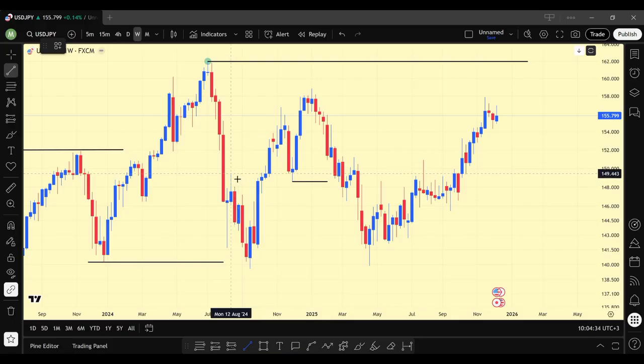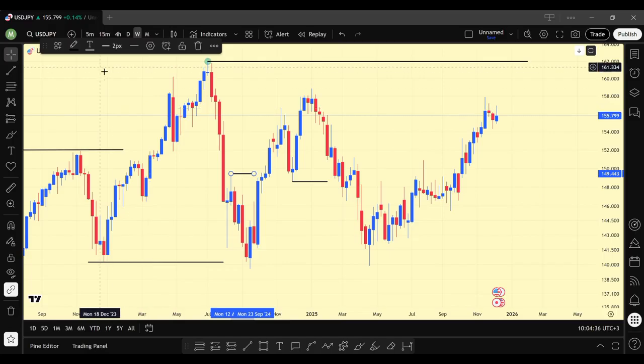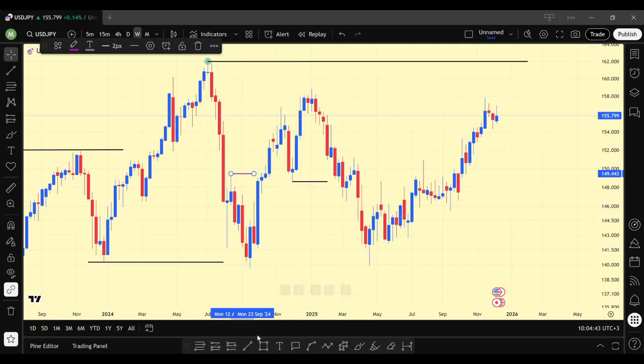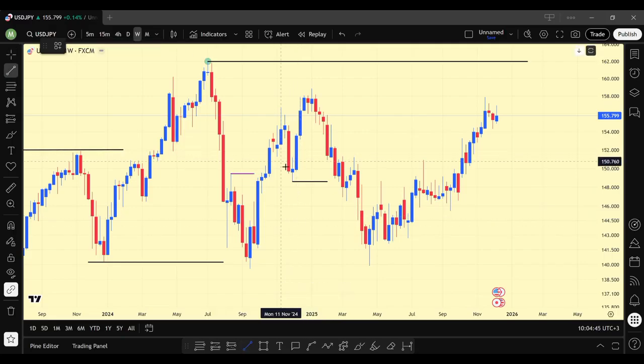This is the weekly time frame, so price made a break of structure. All right, so I'll be using this color to represent the weekly, and after the change of character you can clearly see here price took out the major inducement, then of course made a break of structure exactly right here.